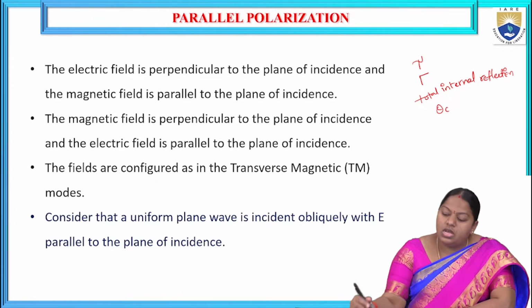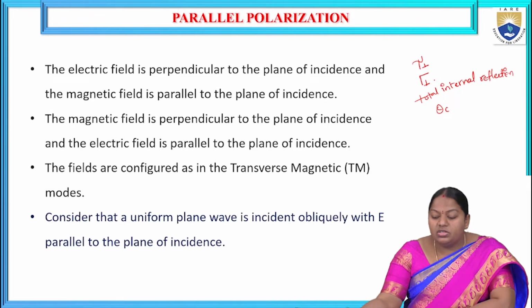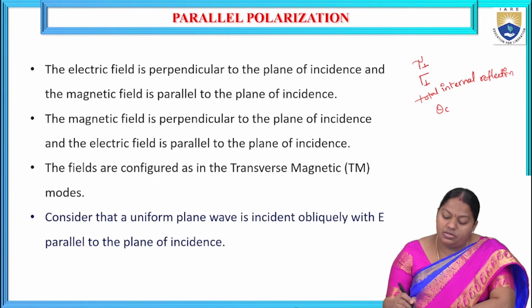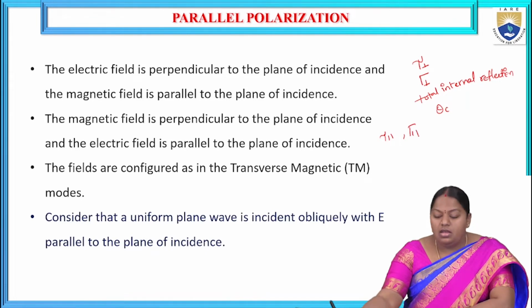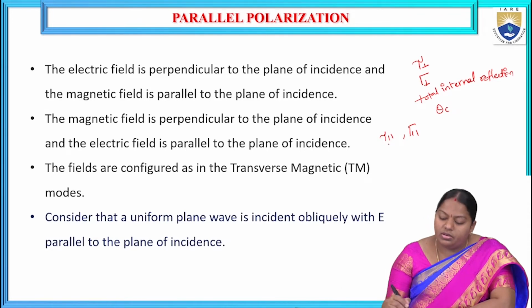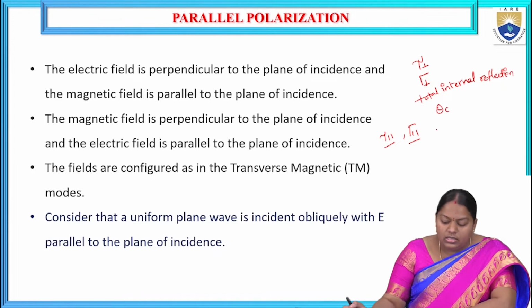In the perpendicular polarization case, we have derived tau perpendicular and gamma perpendicular, the reflection coefficient and the transmission coefficient of perpendicular polarization. Now, for parallel polarization, mathematically we are going to derive the equations for tau parallel and gamma parallel, the transmission and reflection coefficients of parallel polarization.